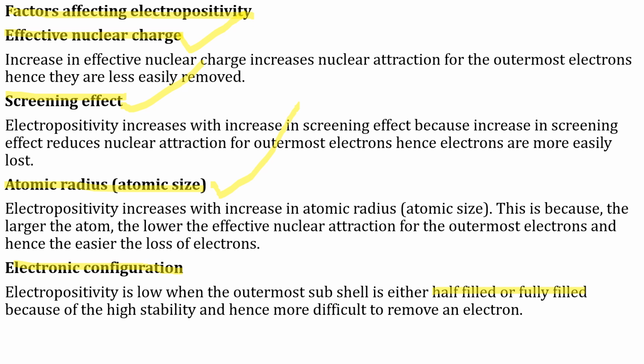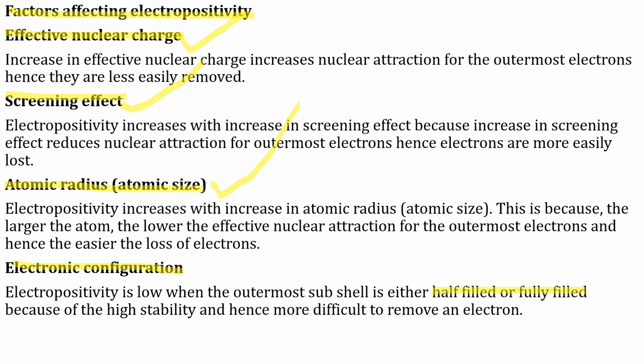That means that if atomic radius is smaller, electropositivity is lower. But if atomic radius is larger, electropositivity is higher, because outermost electrons are less attracted to the nucleus. That means that the tendency to lose such electrons is going to be very high.